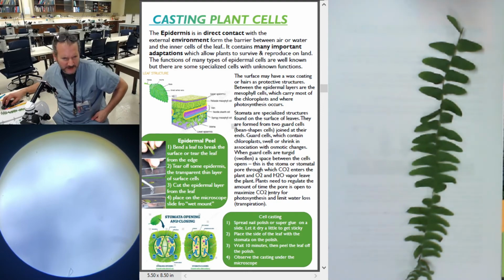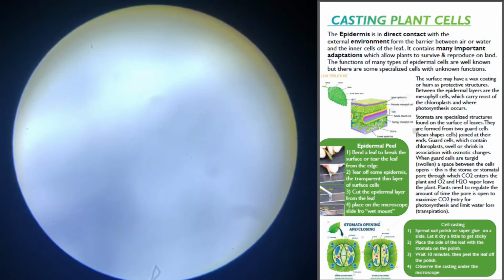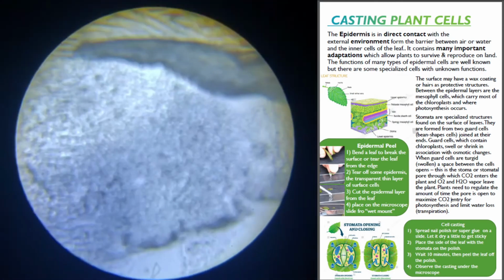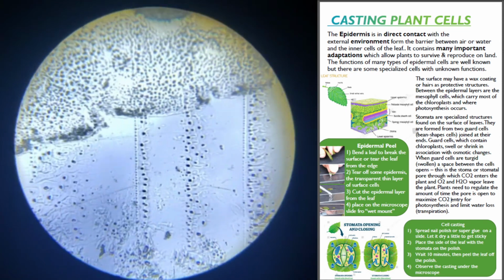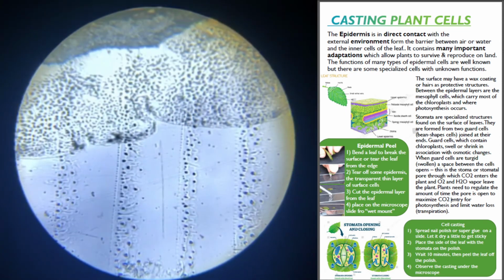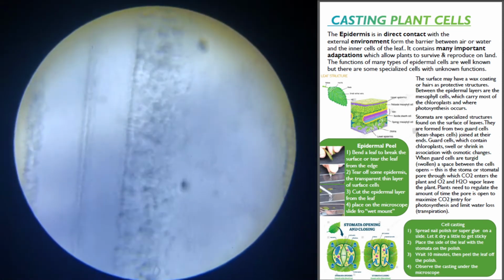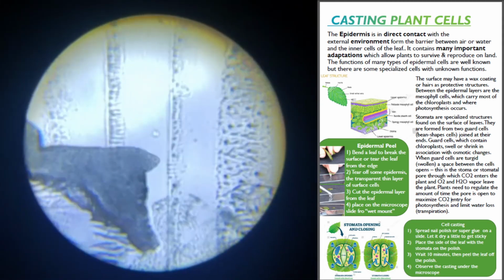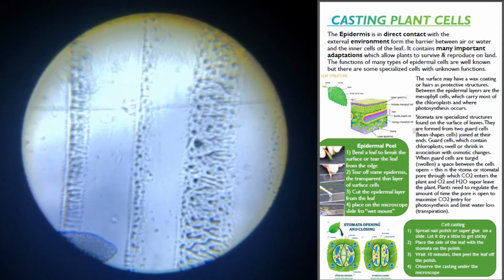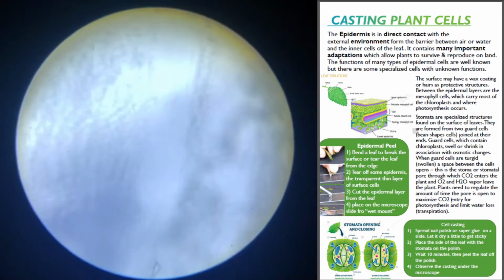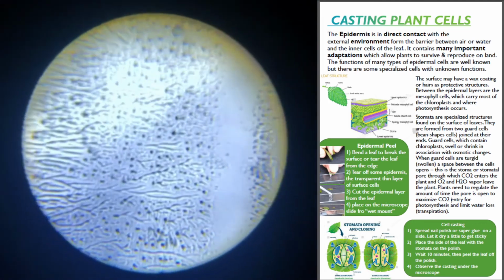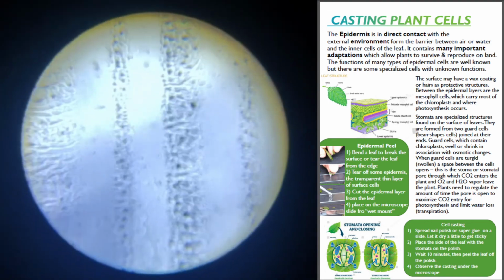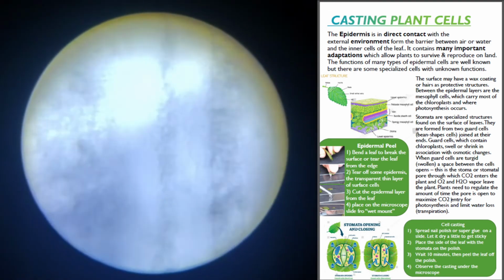Closer, I'm going to do just the scope. All right. You can see there's the edge of your tape. Lots of lines. Those are actually the peel lines, if you haven't noticed.